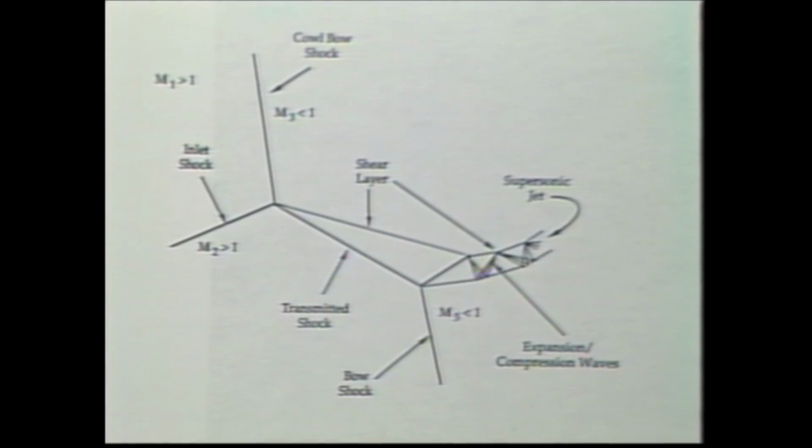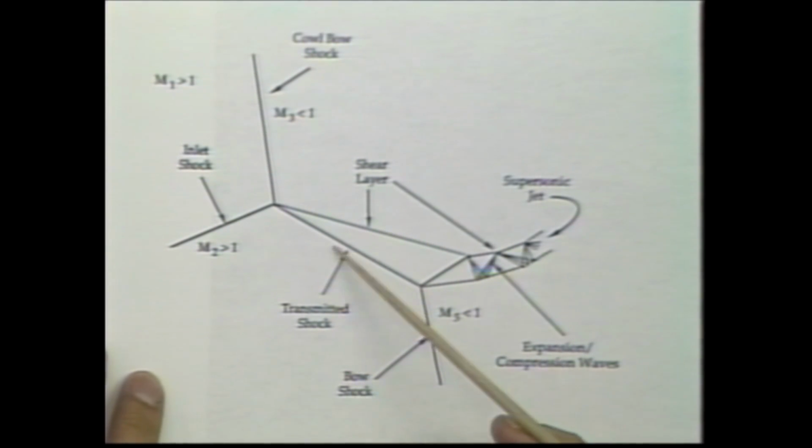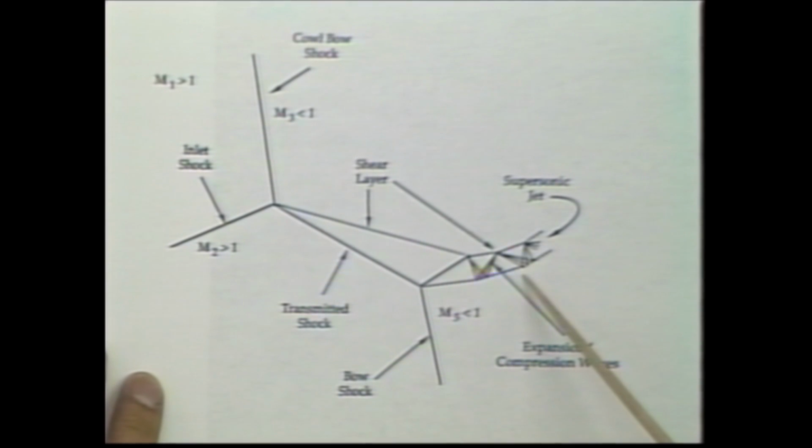So it doesn't see much of a total pressure change. In other words, it has most of its kinetic energy. Now it passes through this second shock. This transmitted shock also generally is a weak shock. So again, it sees very little total pressure loss, very little loss in kinetic energy. Well, now this flow that has passed across the transmitted shock is in this region between two shear layers.